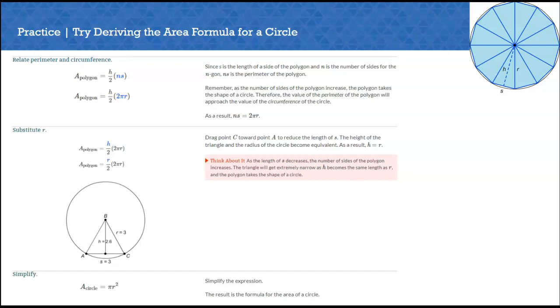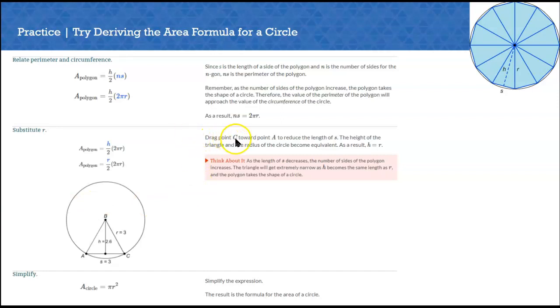Therefore, the value of the perimeter of the polygon will approach the value of the circumference of a circle. As a result, N times S becomes 2 times pi times the radius.